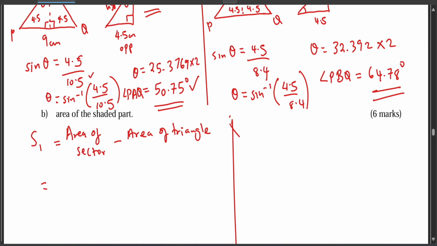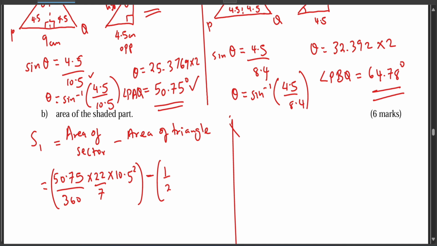So area of a sector is given by theta over 360 pi r squared. So your theta is 50.75, over 360, times 22/7 times radius 10.5 squared, minus the area of triangle, which is given by a half AB sine theta. So a half times AB, which is the radius, 10.5 times 10.5, which is just 10.5 squared times sine of that angle, which is 50.75.